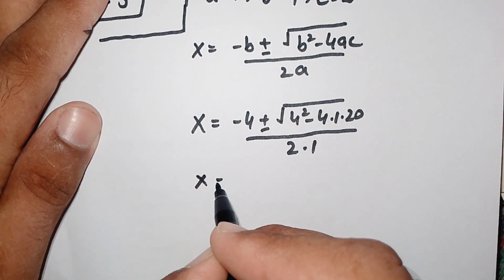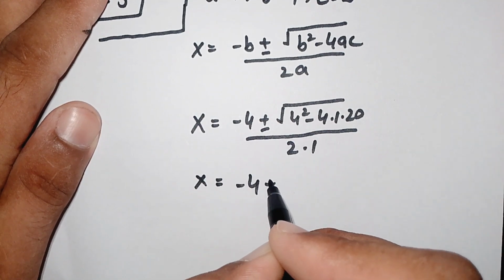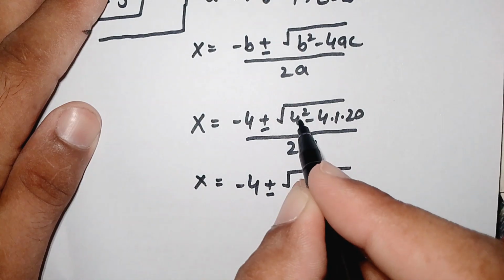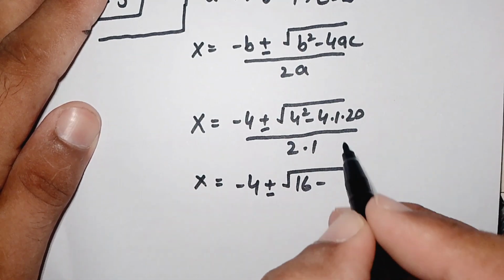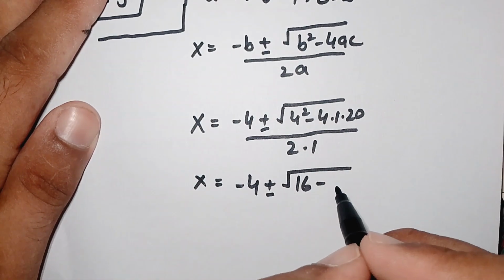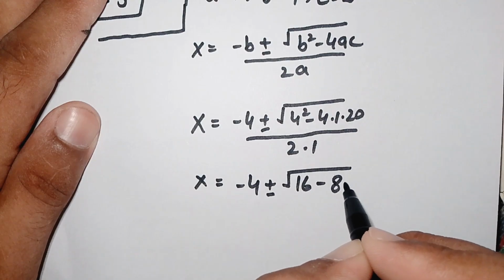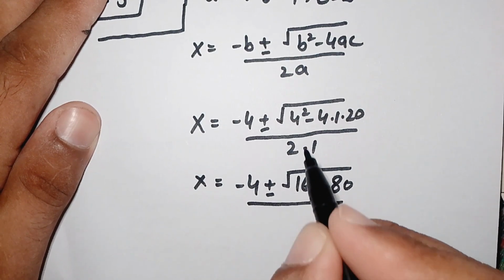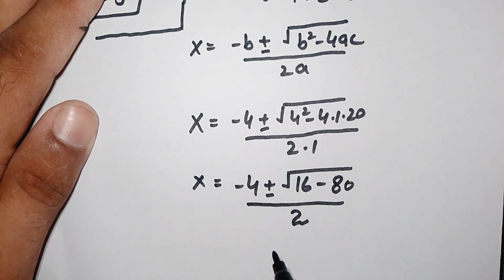x is equal to minus 4 plus minus square root of 4 square is equal to 16 minus 4 times 20 is equal to minus 80, divided by 2 times 1 is equal to 2.